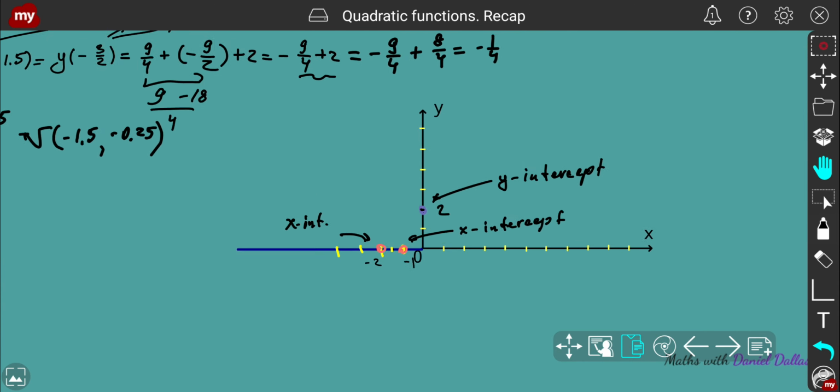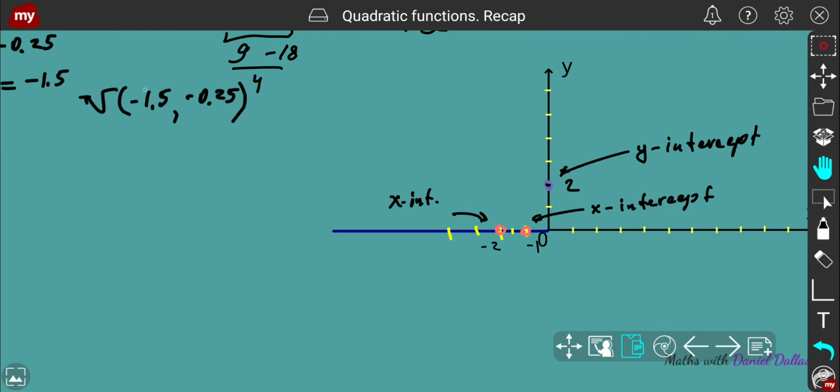So this point has the vertex negative 1.5, so it's in between. So this value is negative 1.5, and I actually write this. Here we go. And negative 0.25, so negative quarter, is somewhere here.